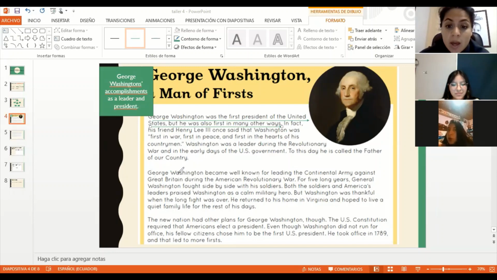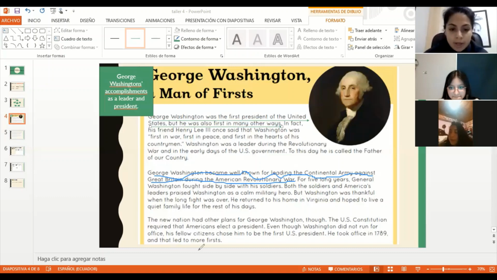Yeah, he was leading the Continental Army against Great Britain. That's why at the end, it says Washington was thankful, and when he returned home, he wanted to live happily and quiet with his family, right? So it is stating that George Washington became well known against Great Britain during the American Revolutionary War. So that is the specific idea for that paragraph. Okay, what about the third one?